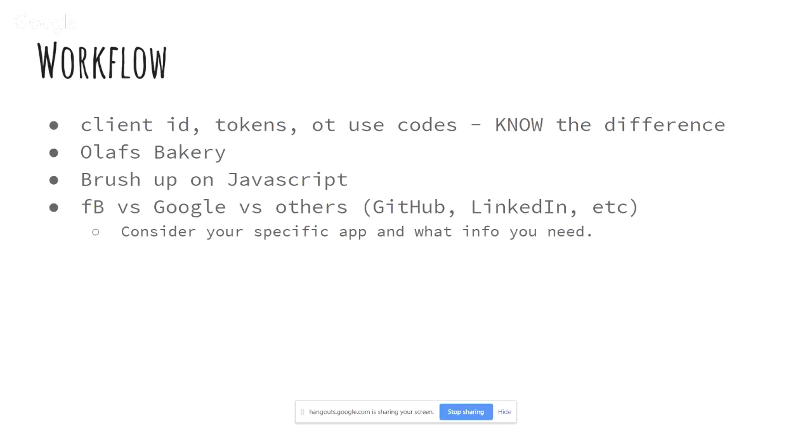But what happens is that your application passes you on to Google, and Google asks you, do you allow this application, meaning your application, to have access to some of your information? And then you will see there's lots of information that your application can request from the user.